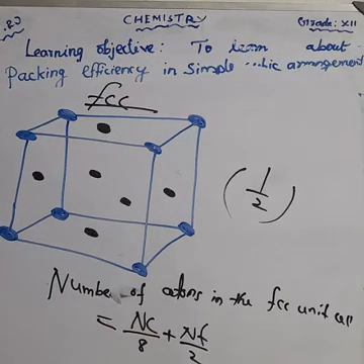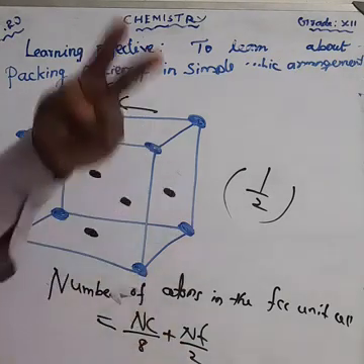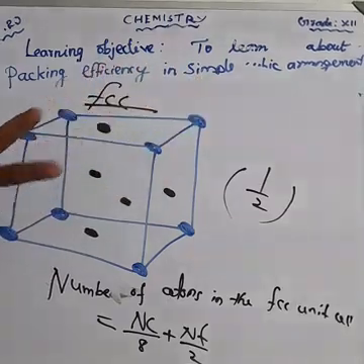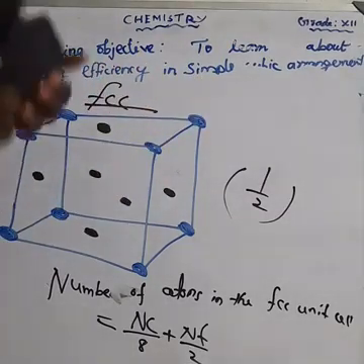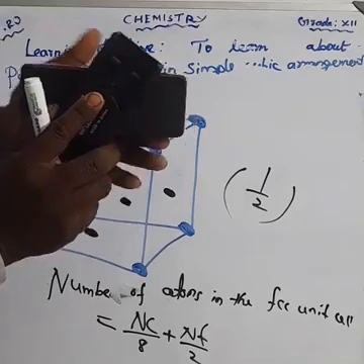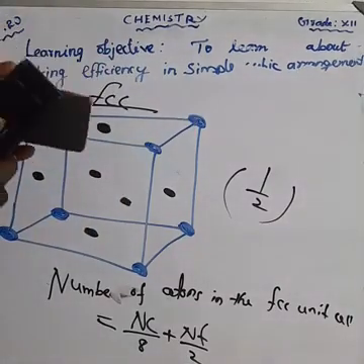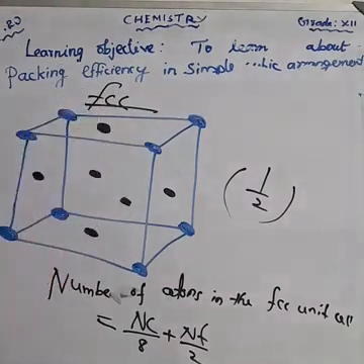Don't forget that the 2 refers to 2 unit cells, since 2 unit cells share only one face. So that is NF divided by 2. Don't forget the formula.